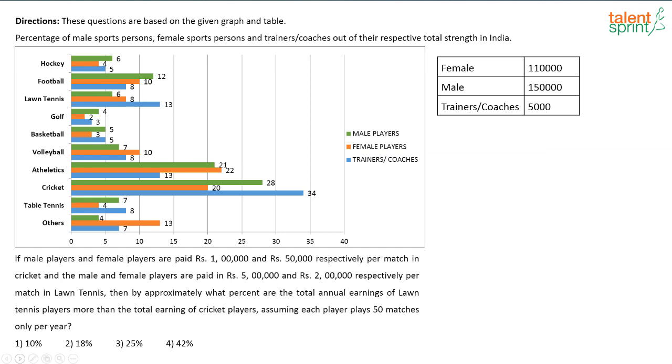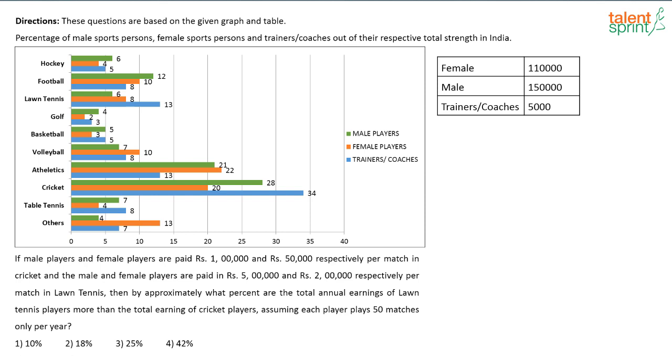What is given here? If male players and female players are paid so much respectively per match in cricket, and the male and the female players are paid as follows in lawn tennis, then approximately what percentage are the total annual earnings of lawn tennis players more than the total annual earnings of cricket players, assuming each player plays 50 matches only per year.